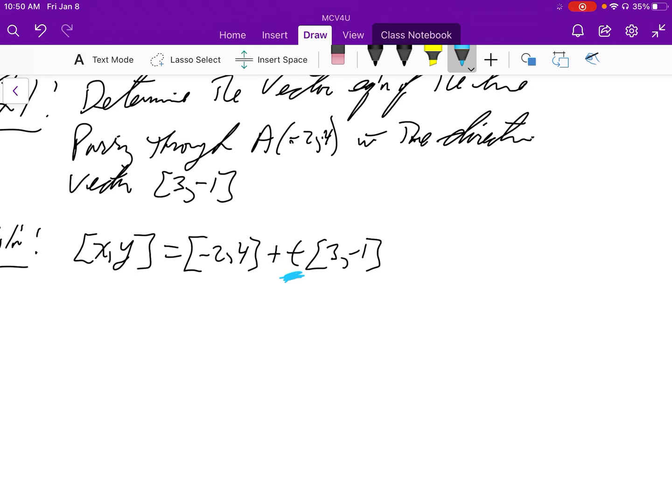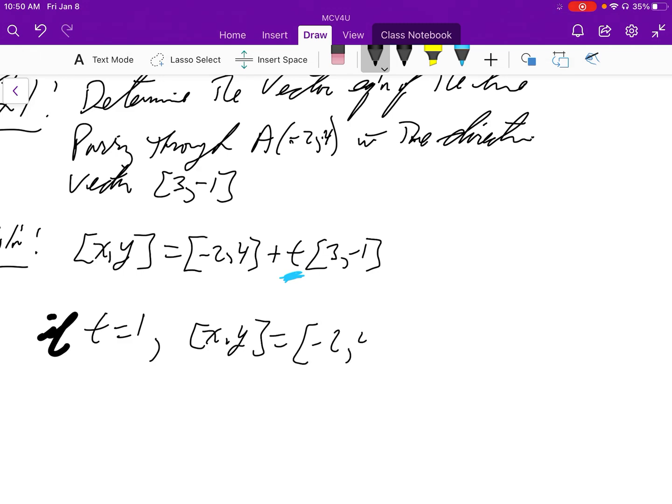For example, if t is equal to 1, then we know that [x, y] is equal to this vector equation, the addition equation, and we can say that that is [1, 3].